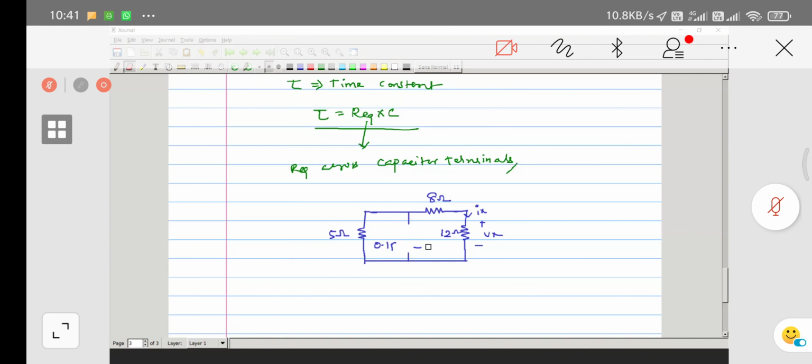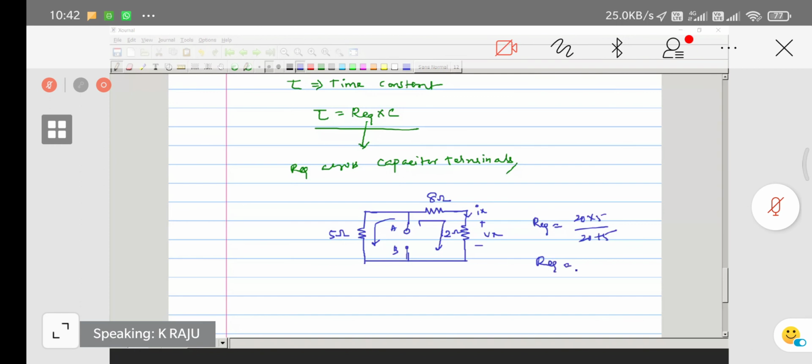So R equivalent equals 12 plus 8, that is 20, into 5 by 20 plus 5. You can get R equivalent equal to a 4 ohm resistor. So what is the time constant here?